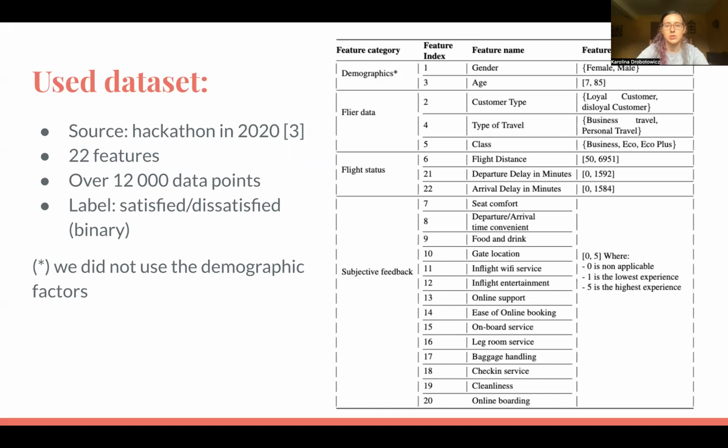However, we decided not to use all the features. We decided to skip demographics because the possible correlation between demographics and the satisfaction can be a result of social factors, such as how different genders or generations are being praised and treated.